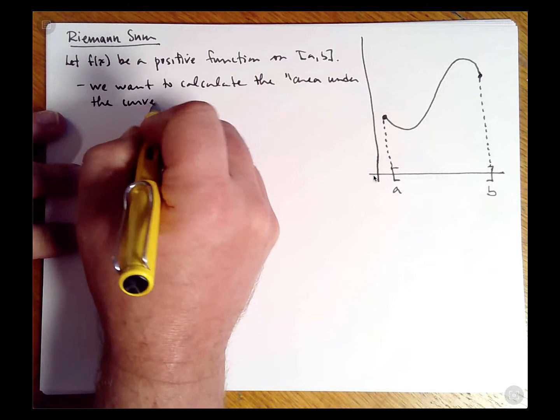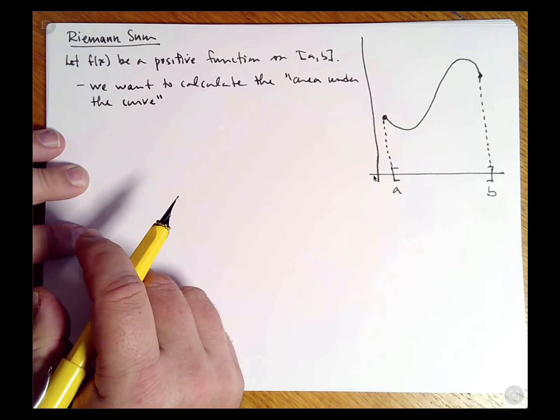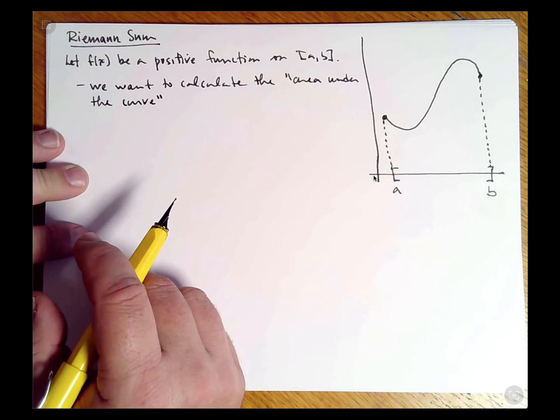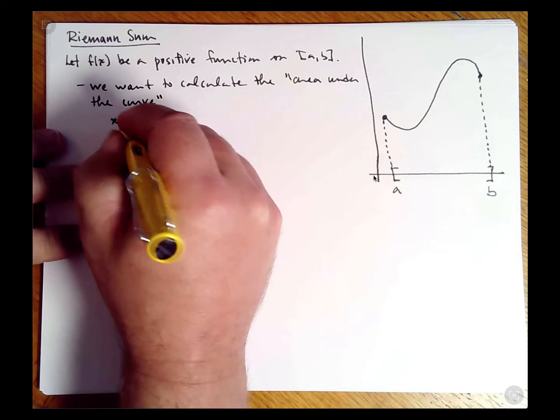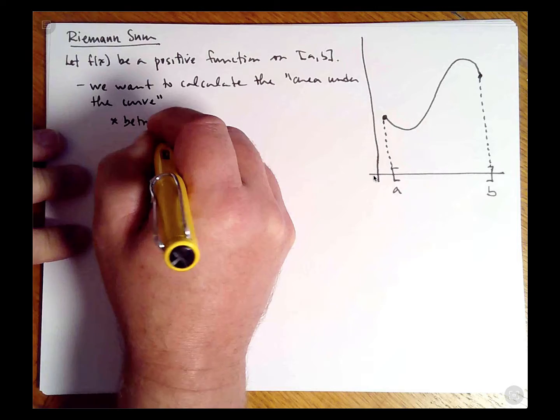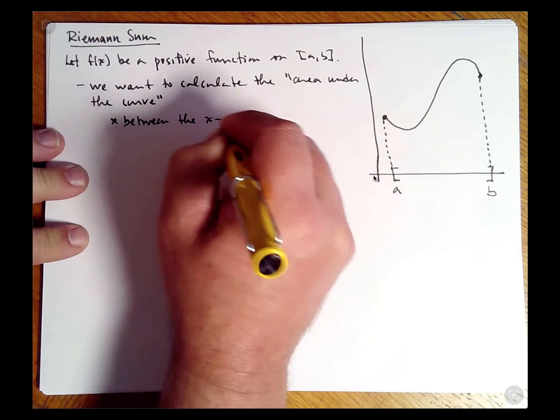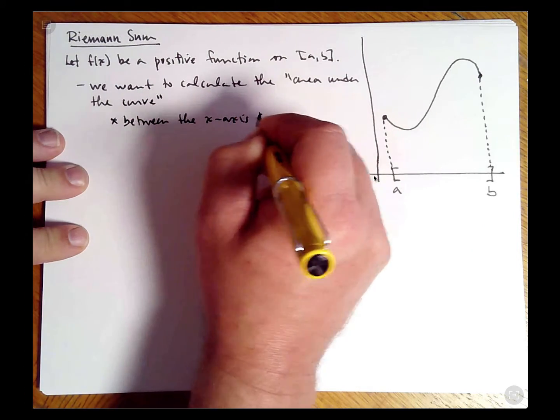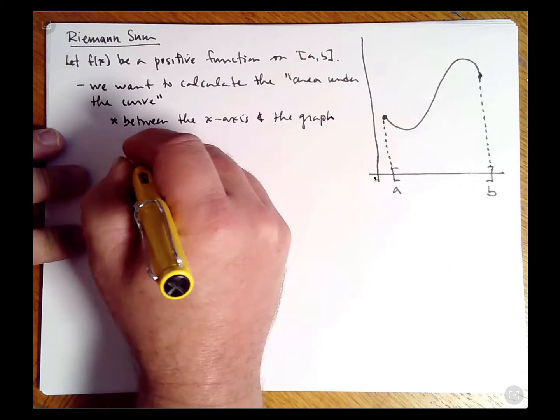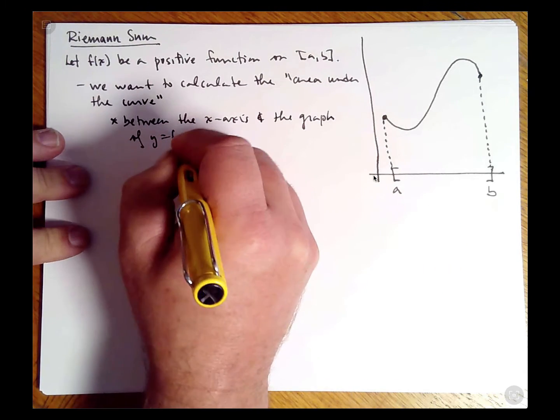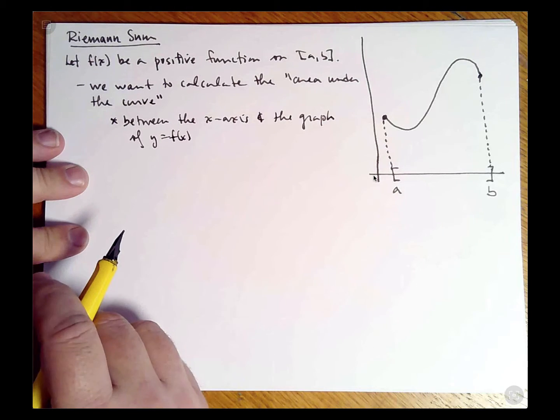And a lot of times we call this calculating the area under the curve. And that's technically the area between the x-axis and the graph of y equals f of x. Area under the curve.